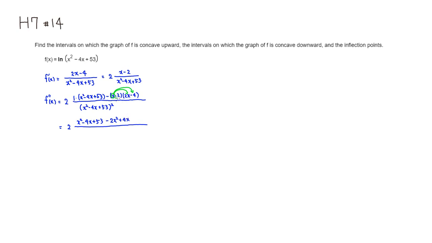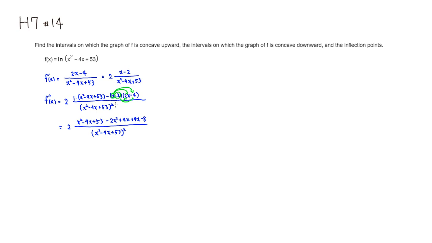Then negative 2 times 2x is negative 4x, with the negative sign, another plus 4x. And negative 2 times negative 4 is positive 8, with the negative sign, minus 8. The denominator looks okay, so I'm going to keep it x squared minus 4x plus 53, squared.